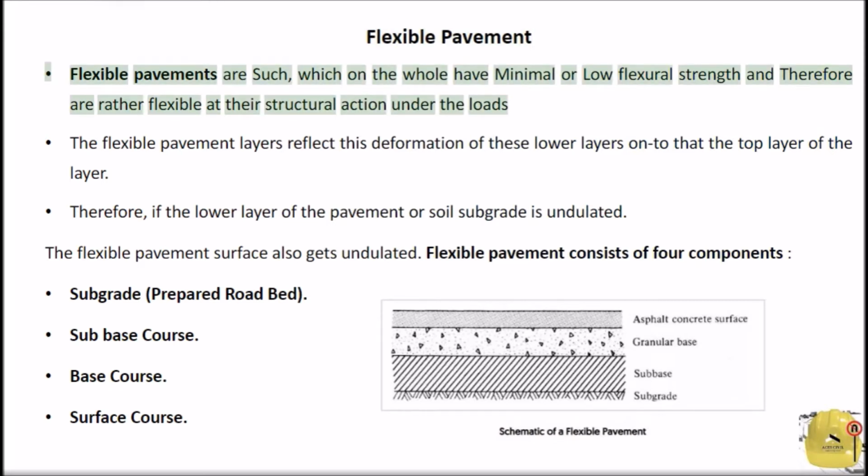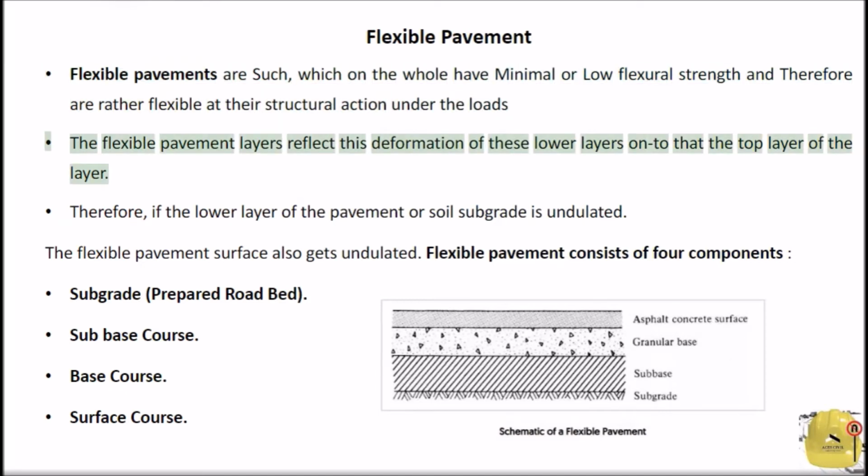Flexible pavements are such, which on the whole have minimal or low flexural strength and therefore are rather flexible in their structural action under the loads. The flexible pavement layers reflect the deformation of the lower layers onto the top layer.